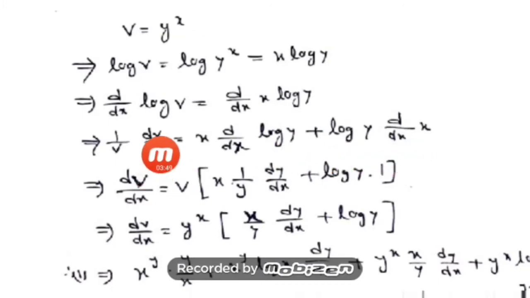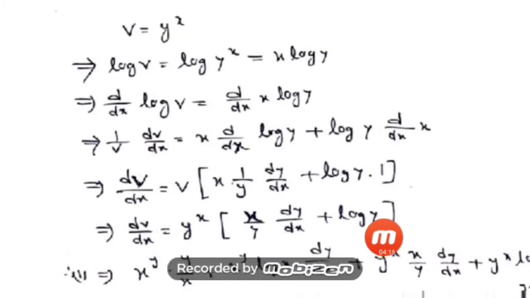After this, the next step: dv/dx, as we know v we have to bring to the right side, so v keeps x as it is. Take the derivative of log y, you have to think of y as x, that will give you the log x formula, which is 1 by y, and as y is a function of x, dy/dx, plus log y into d/dx of x, which is 1. So dv/dx equals, putting the value of v, which is y to the power x, x by y dy/dx plus log y.